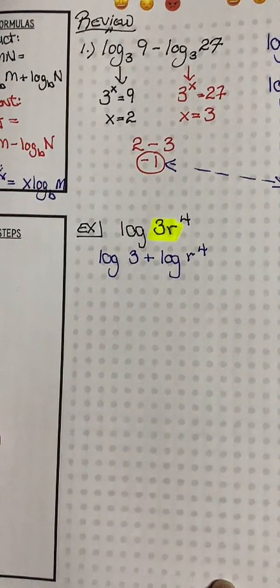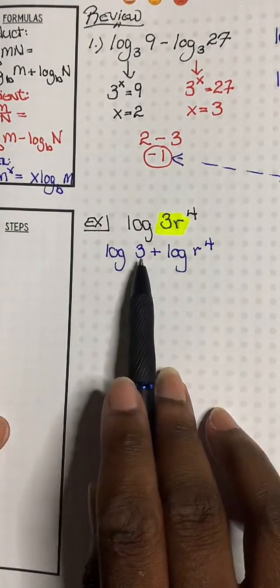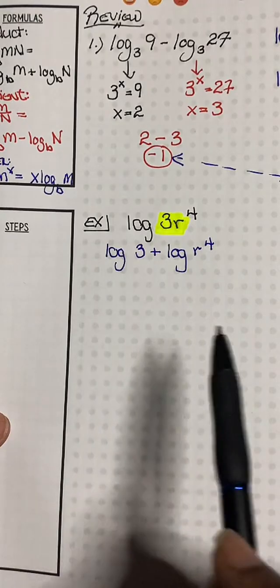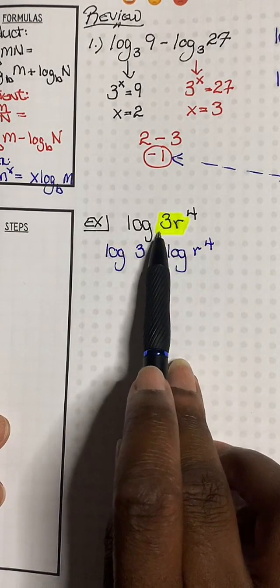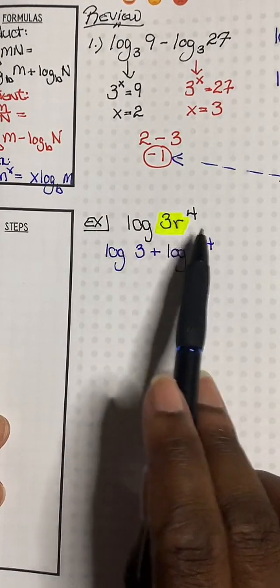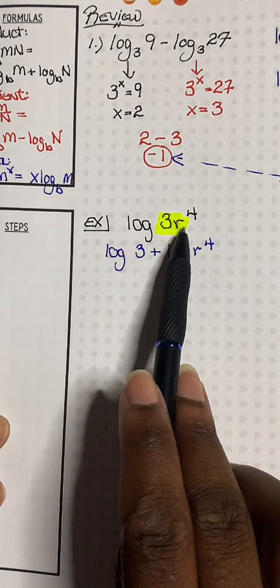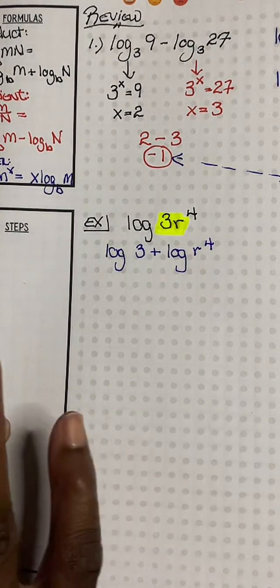And you're probably saying, well, wait, Audrey, why didn't you do to the 4th power to the 3? Good question. One, there's not a parenthesis around the 3r. If there was a parenthesis around the 3r, that means I'm raising the 3 and the r to the 4th power. But that's not what's happening.